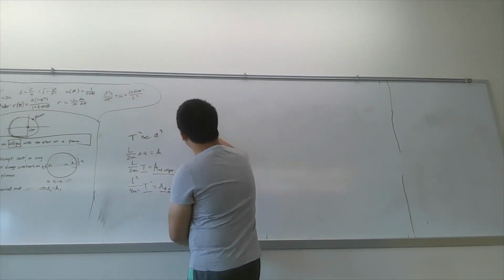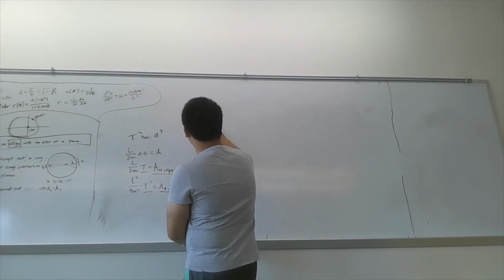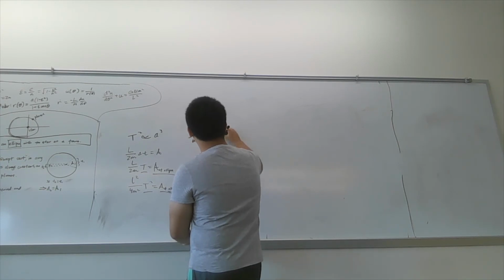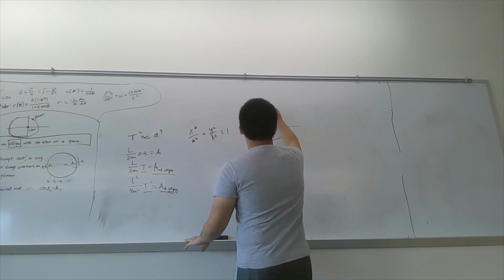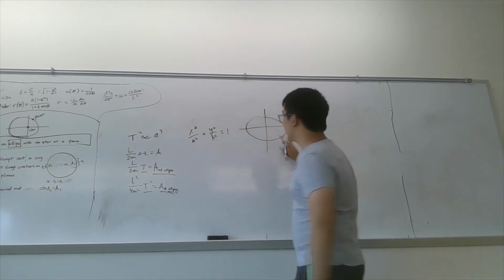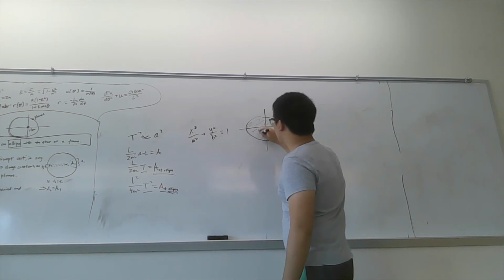So to prove this, to find the area of the ellipse, we're going to use the Cartesian equation. We can see that our ellipse is symmetrical, and so this area equals this area.